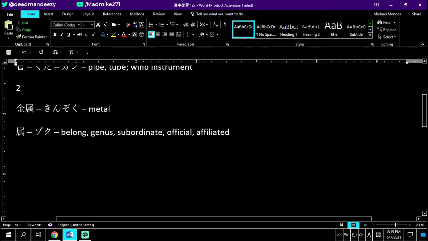Kinzoku no zoku. Corpse over the top. Zoku no.